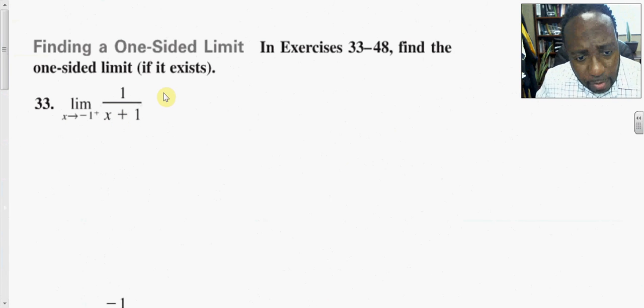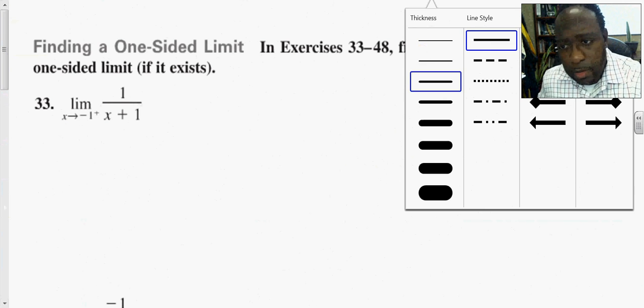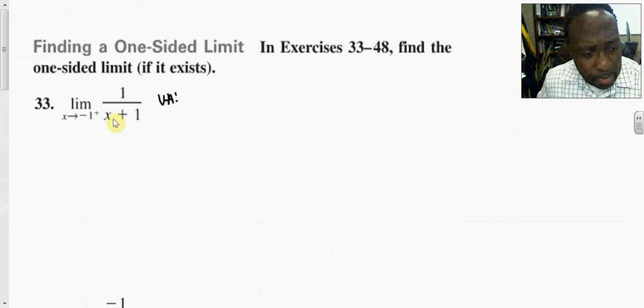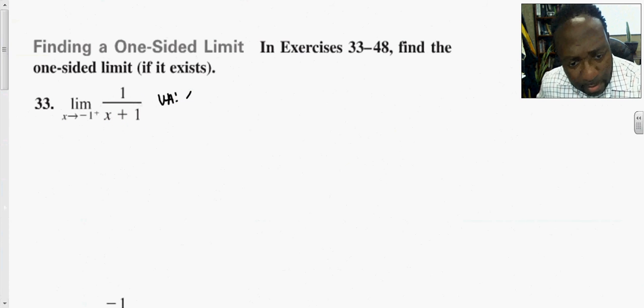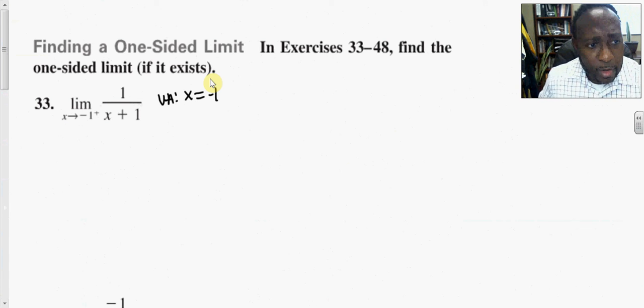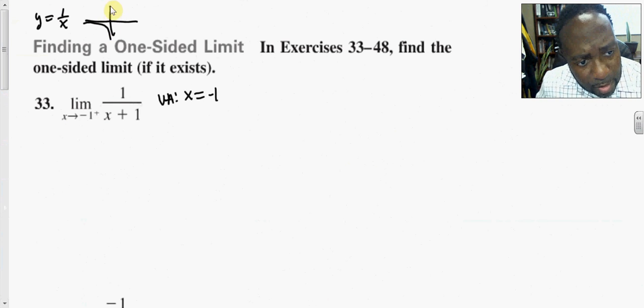So the vertical asymptote here, do you see it, is x equals negative 1, right? If you remember the basic graph for y equal to 1 over x, the basic graph is this.